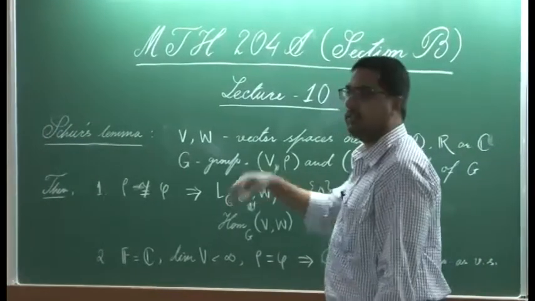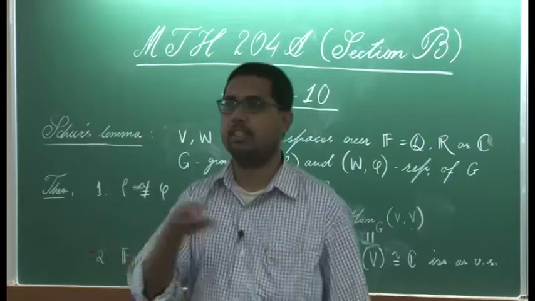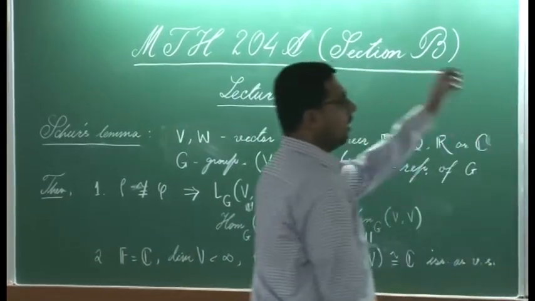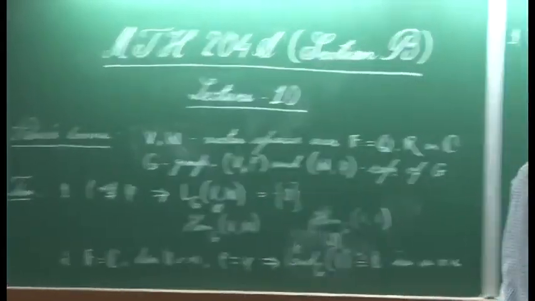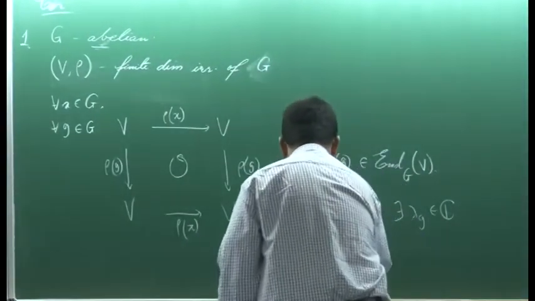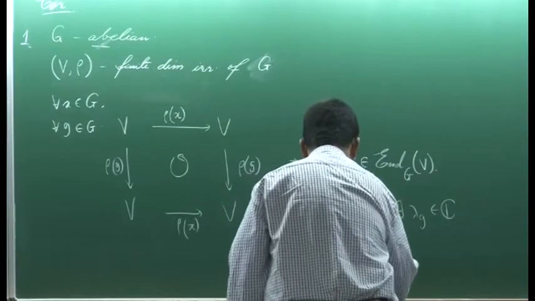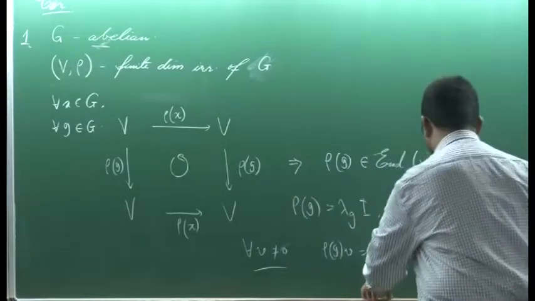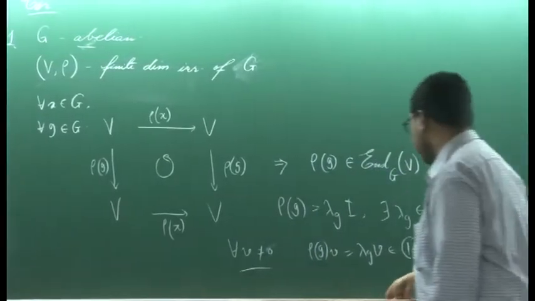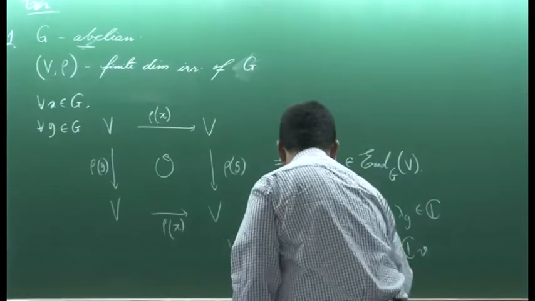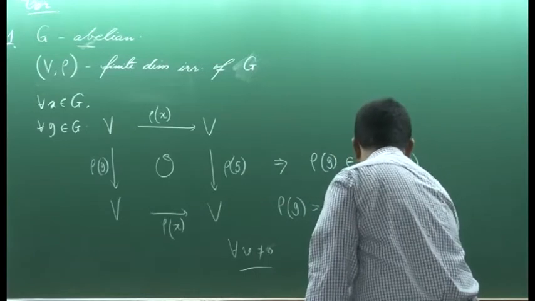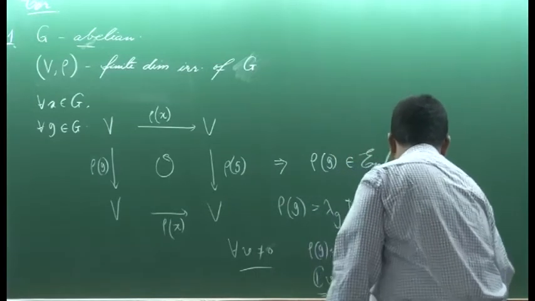Here of course, throughout we have assumed that the spaces on which we are considering the representation are non-trivial, because otherwise there is no point in considering invertible linear maps. So, for every non-zero vector v, we see that rho g v, being lambda_g v, lies in the linear span of v. Hence it is quite clear that C v, this subspace of V, is G-invariant.